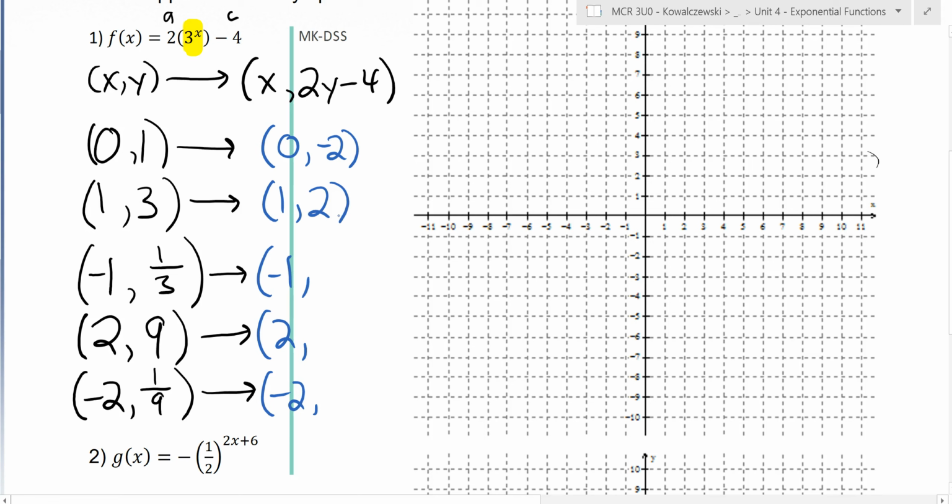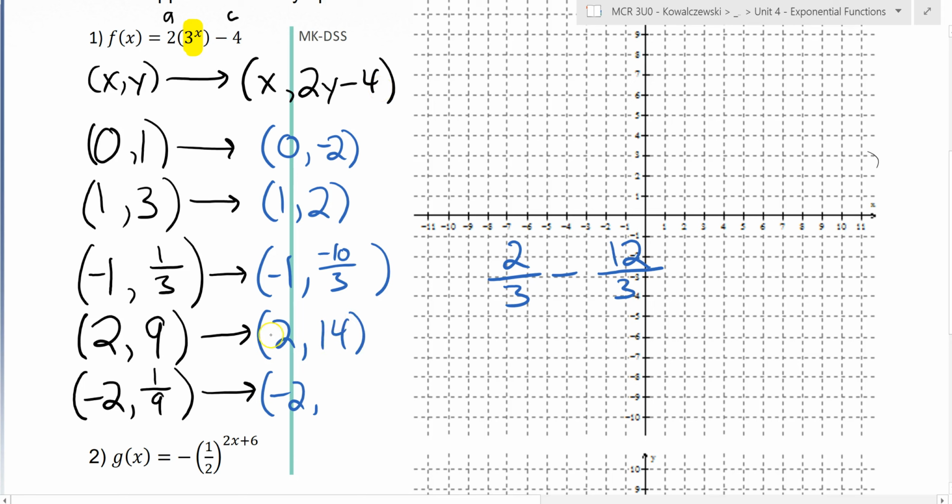Same thing, even if you have a fraction, we still want to do this. So negative 1 is our x value. Now 2 times 1 over 3, if you have to do some rough work off to the side, you can. 2 times 1 over 3 is 2 over 3, minus 4. Now 4 as a fraction with 3 as a denominator would be 12 over 3. So that would be 2 minus 12, that'd be negative 10 over 3. Now, x value of 2, y value of 9, 2 times 9 is 18, minus 4 is 14.